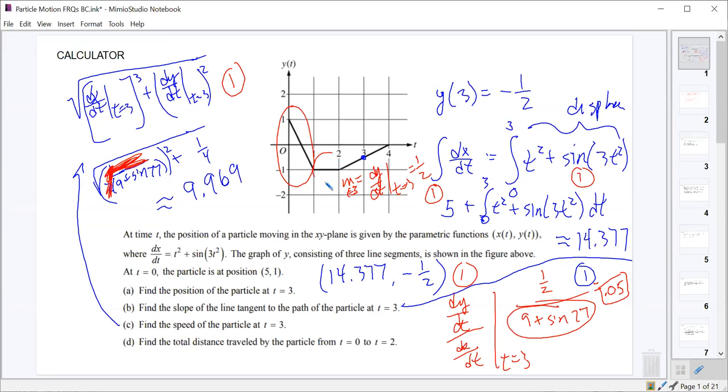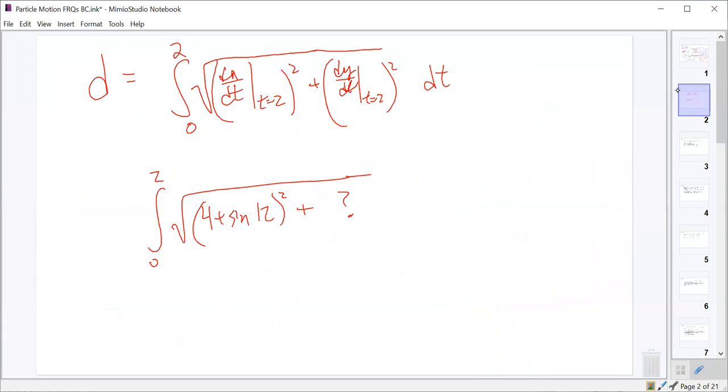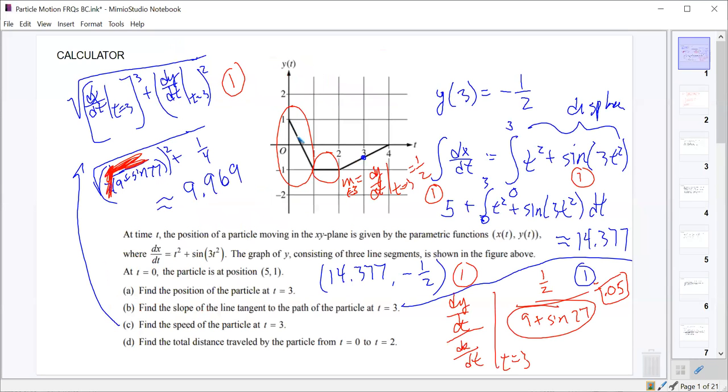We're going to have to do 0 to 1, and then 1 to 2. So from 0 to 1, square root of 4 plus sine of 12 squared plus the value of the derivative, so the slope from 0 to 1 should be negative 2.